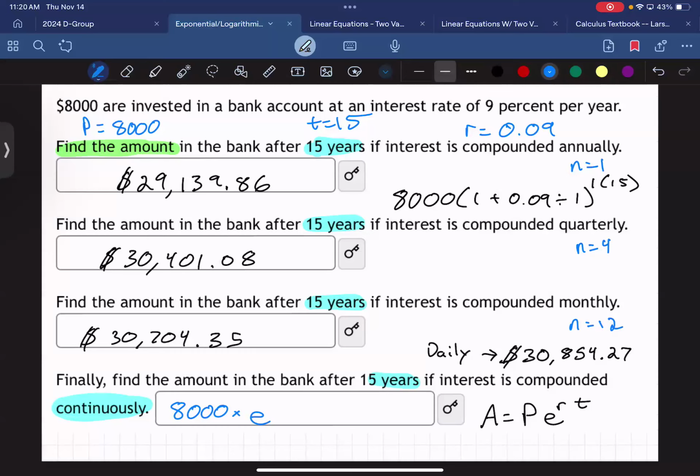You have to hit shift to get to it. No, second to get to it. Now understand with that one, it should put the exponent right behind it already. It's going to put the exponent button with the parenthesis for you. So once you get there, all you need to do then is R times T. The same R and T that we were dealing with, 0.09 times 15, close your parentheses, you're good to go.